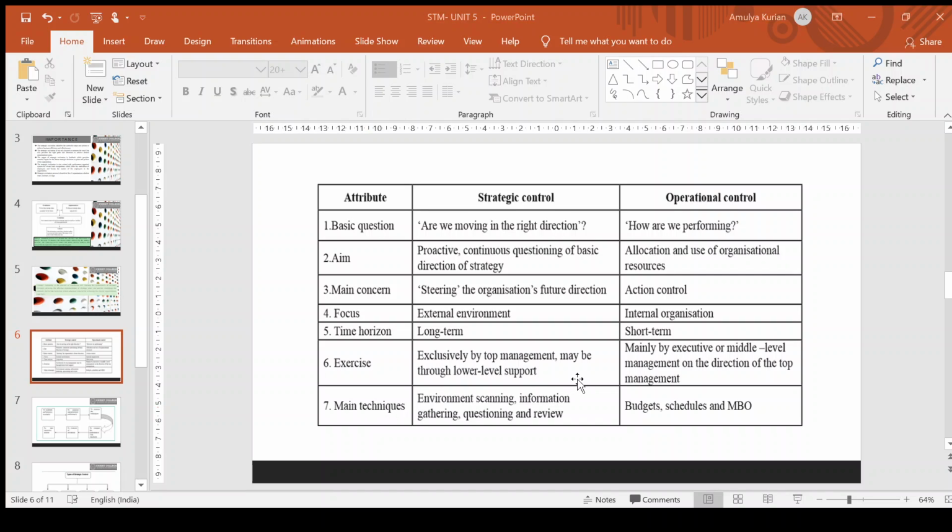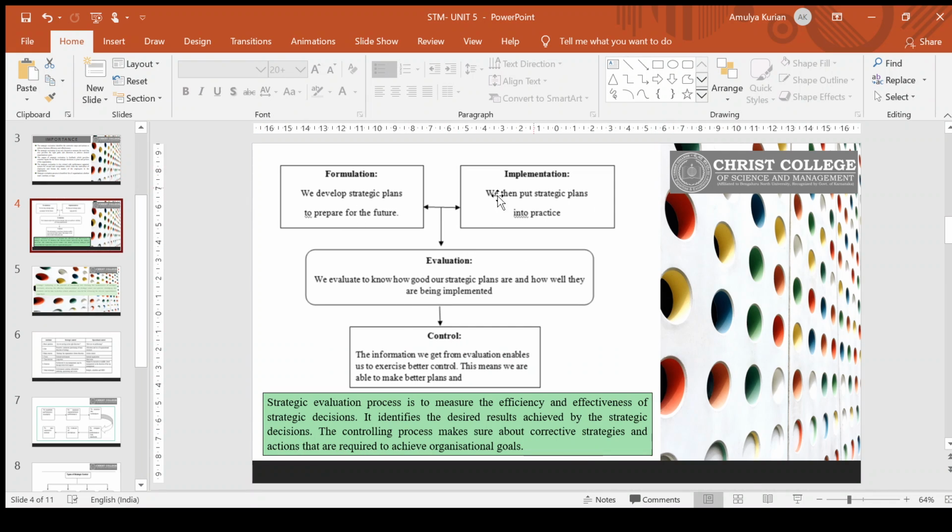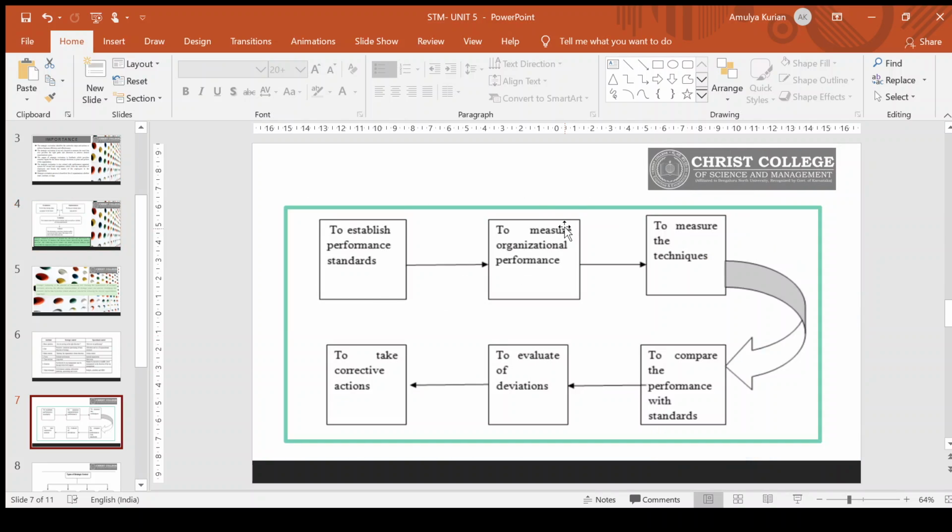Now let us see the process. We have already seen the process of strategy; it is how the strategy is formulated, implemented and evaluated. In this one we are going to see the strategy evaluation and control process.